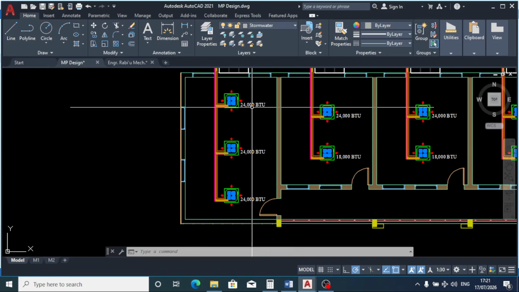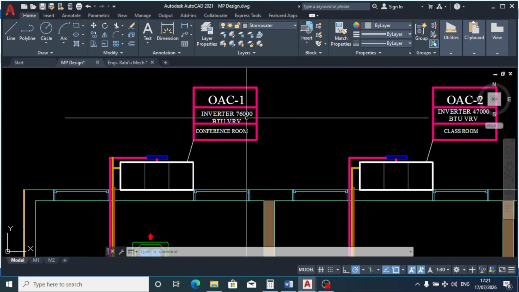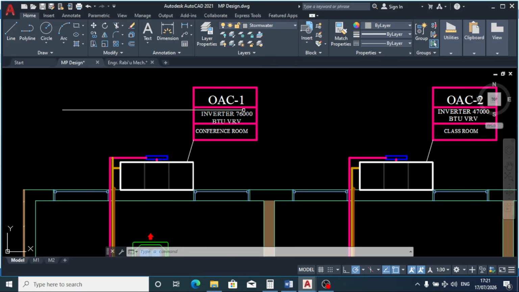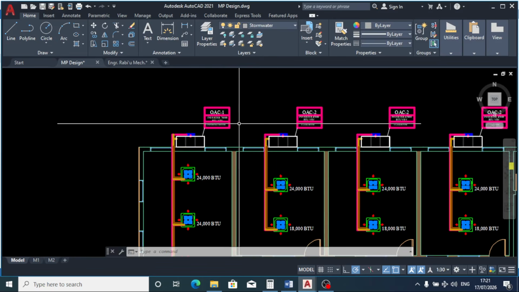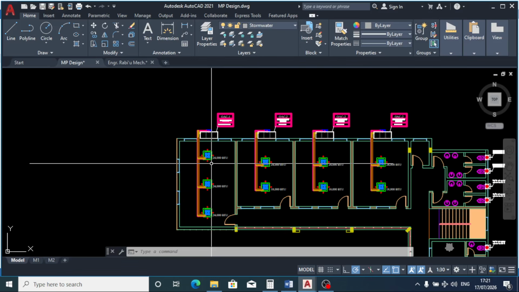Now you can see the capacity of our air conditioning systems are a bit high, left to me, and this is so because we assumed the worst case scenario.